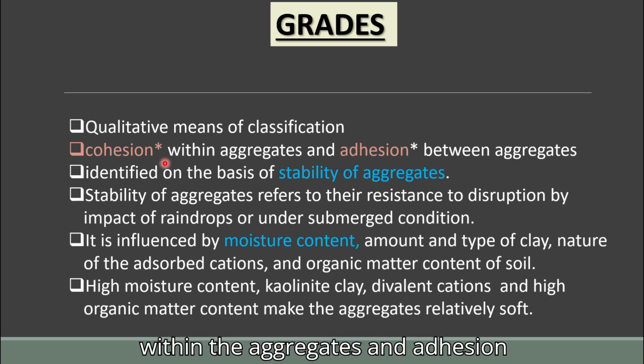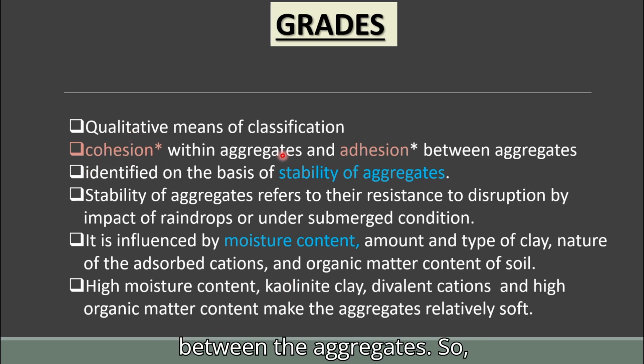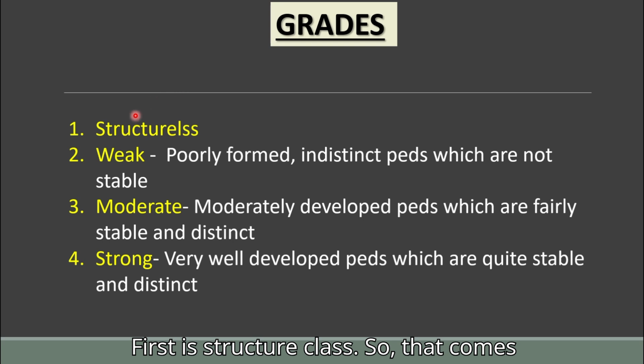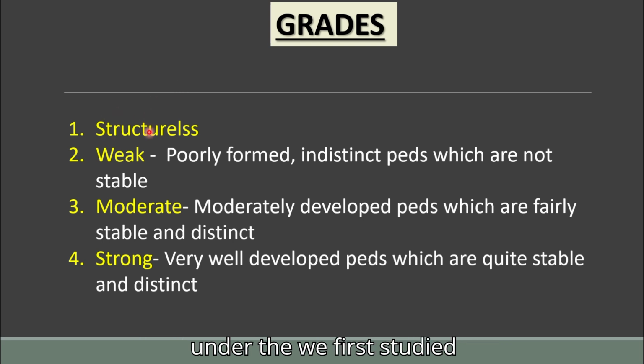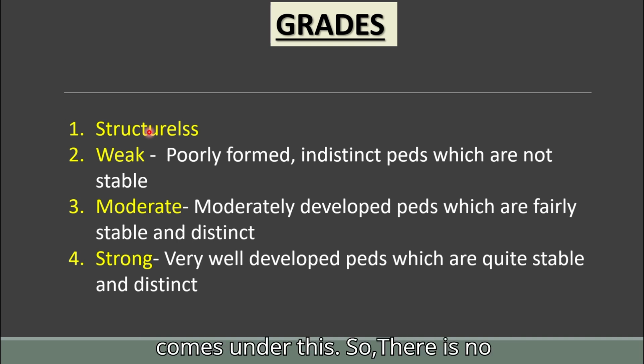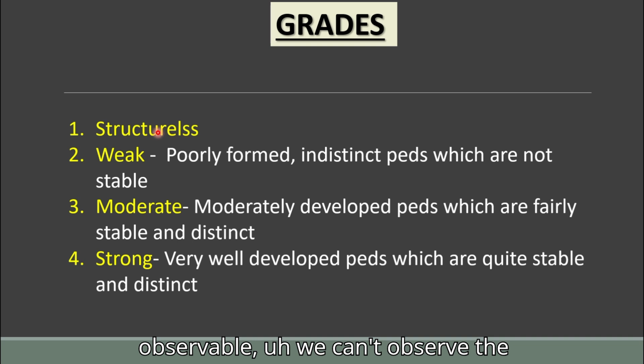And cohesion within the aggregates and adhesion between the aggregates. So there are four major grades. The first is structureless. We first studied structureless soil, and that only comes under this. We can't observe any aggregation in structureless soil.